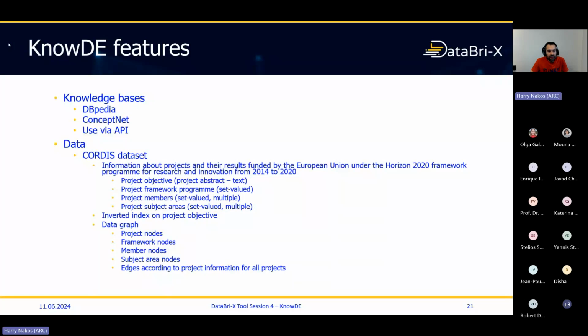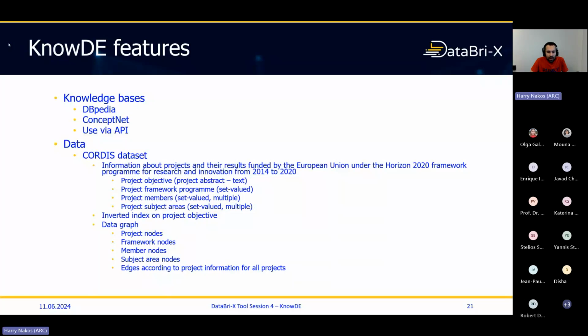Specifically, each project has an objective, and these are all the fields that KNOwDE makes use of. The project objective, which is the abstract of the project, the short description of the project, which is of the text kind.